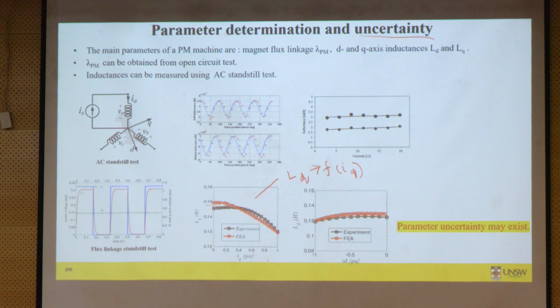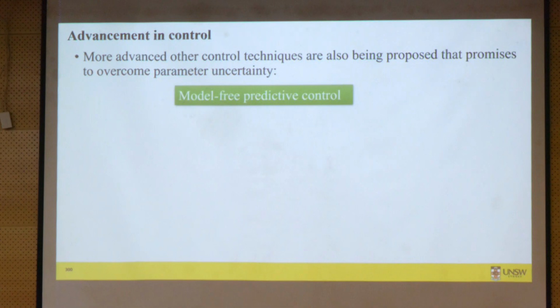There is also a more advanced approach, model free predictive control. Okay, so you do not use those parameters at all. Instead, you try to find the disturbance caused by the difference between the real model in the machine and your theoretical model.